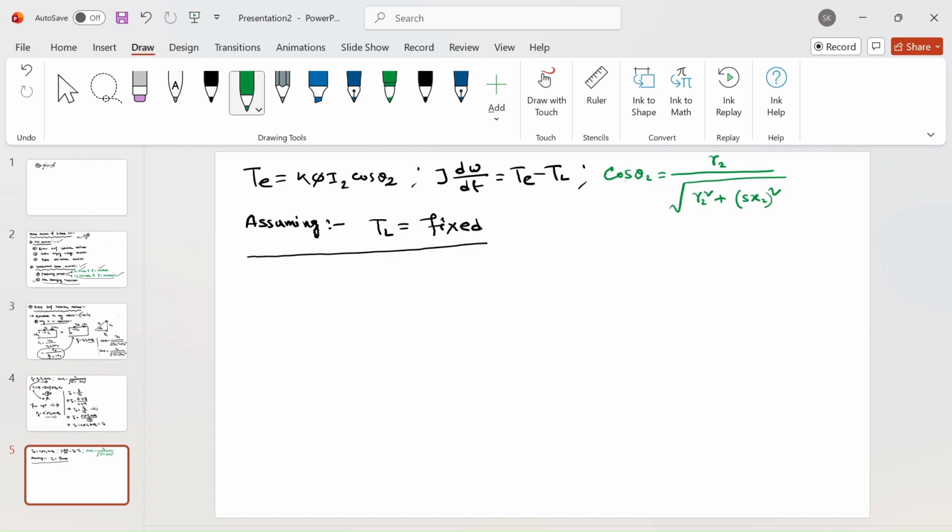Okay, now I'm considering all the three phases are balanced, so I can do the analysis by having only one phase. This is my S E2, this is my R2, j S X2, this is my S E2, and here you have to inject the voltage through the slip ring.